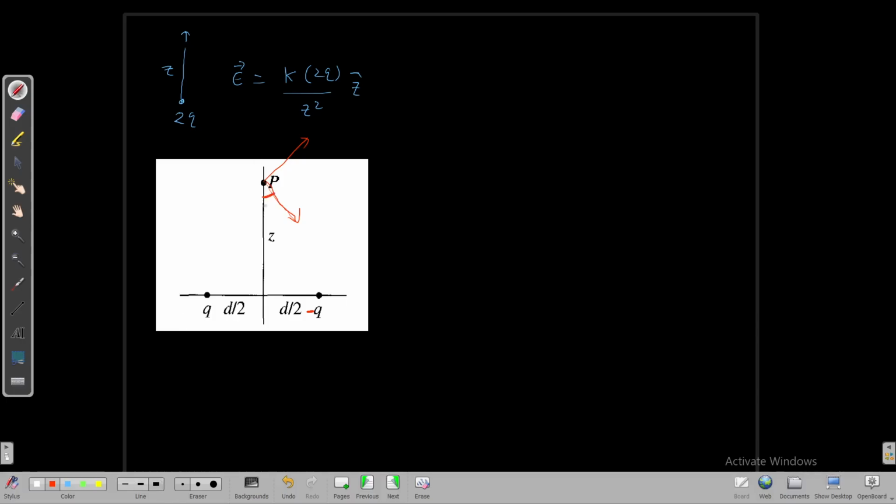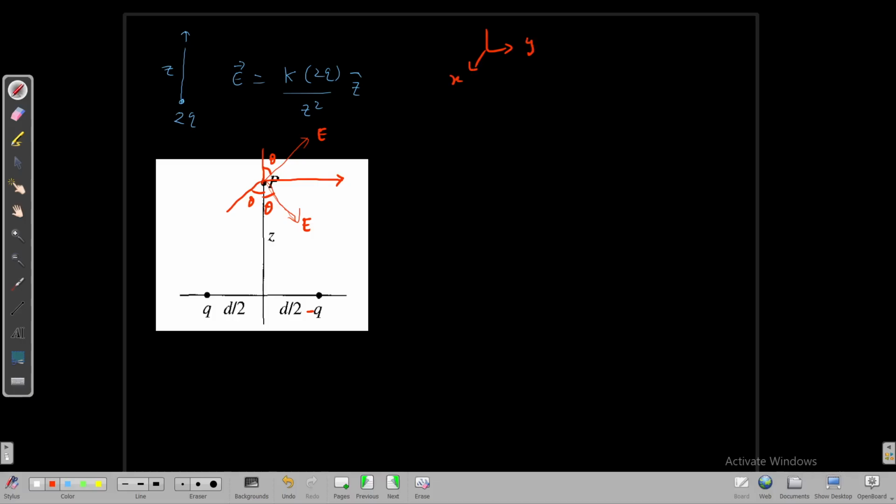So this is theta, and this is also theta. This is E, this is E. Now if I take components, the same.